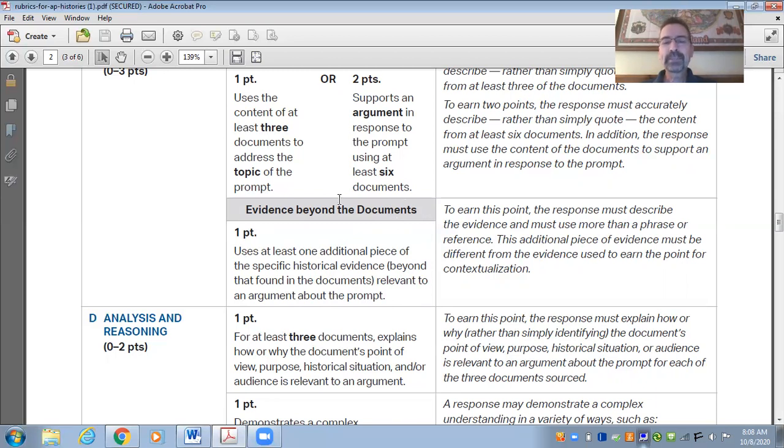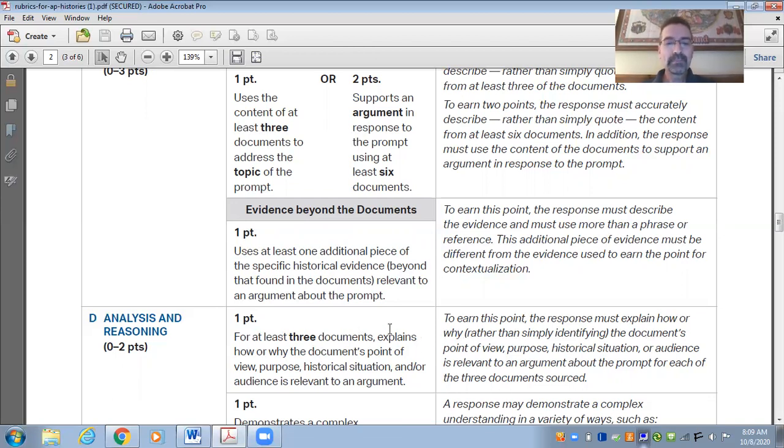Every historical document that's written comes from the point of view of the author. Any historical document that's an image, well, that artist or that political cartoonist or whatever, they've got a certain type of bias or point of view as well. It's your job to point out and identify to the reader of your essay that you understand what that bias is.